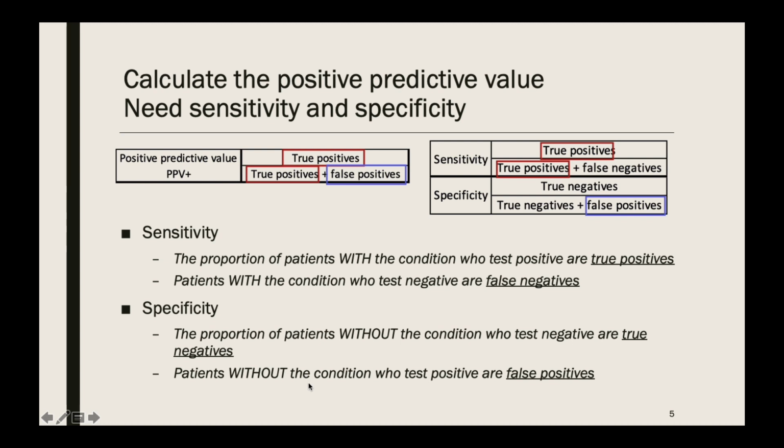Specificity looks at patients without the condition and asks what percent of patients without the condition have a negative test. These are true negatives. And it also looks at the proportion of patients without the condition who test positive. These are false positives. And these definitions are repeated up here. So we look at what we need for positive predictive value. We need true positives and false positives, and we're going to get that by looking at the sensitivity and the specificity.